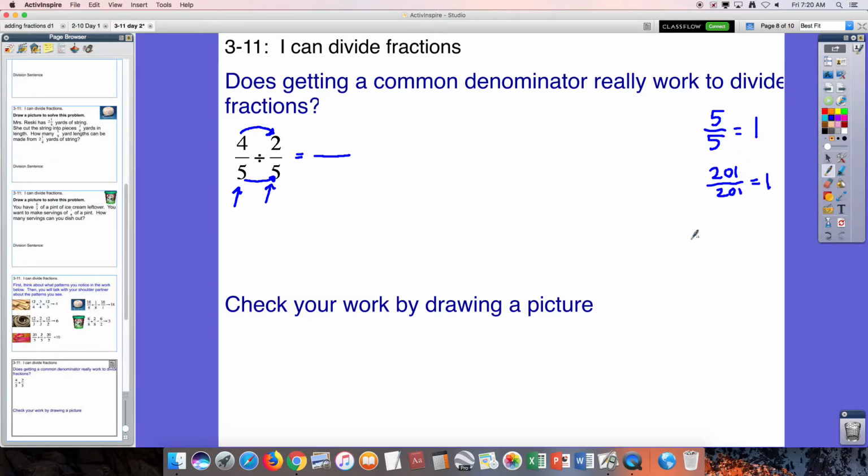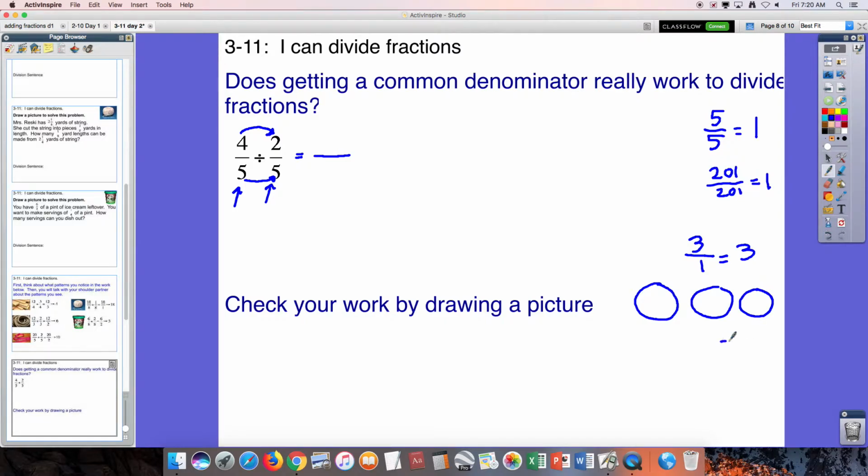The other thing you need to know is if I have anything over 1, that means that I cut up my thing into 1 piece. If I have a pizza, it is 1 piece. If I have 3 things cut up in 1 piece, I have 3 things, 3 wholes. So anything over 1 is that thing.